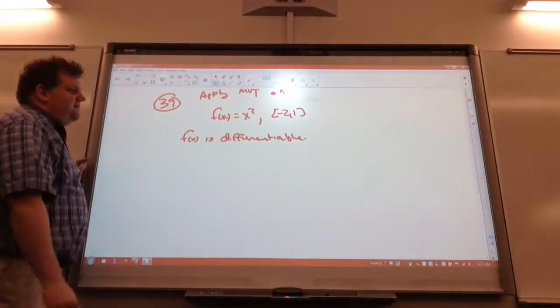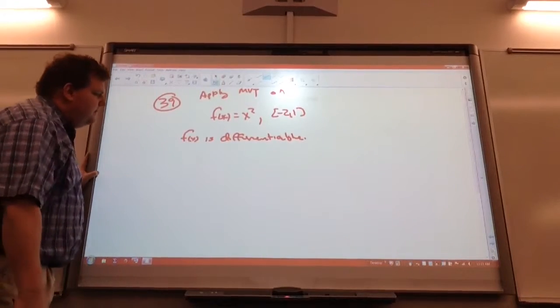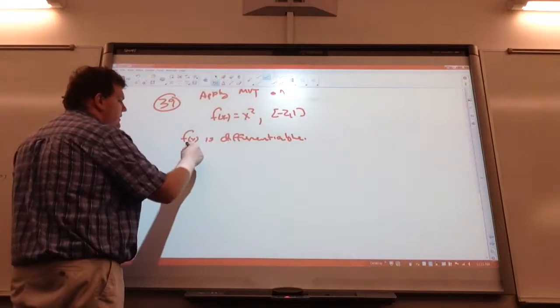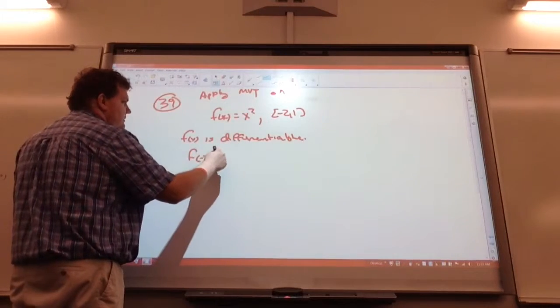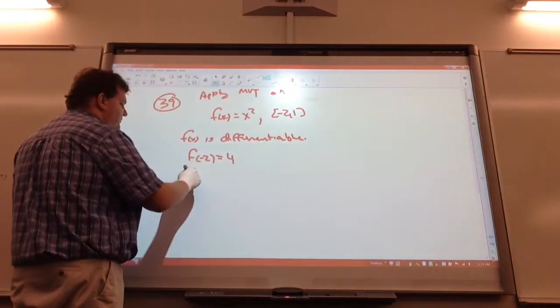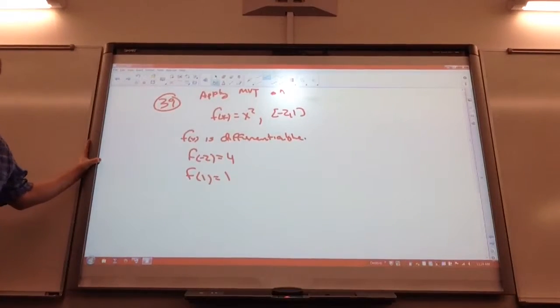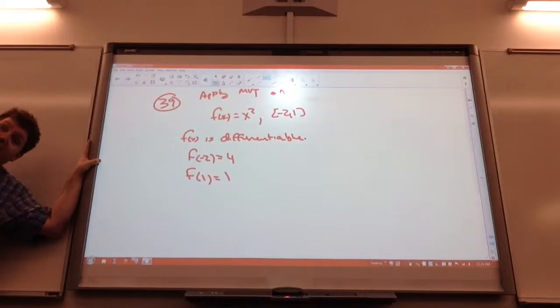So f of x is differentiable, that's what we needed to test. Now we need to see, is f of -2 not equal to f of 1? What's f of -2 going to be? 4. What's f of 1 going to be? 1. They're not equal to each other, right? True. So that means I can use the mean value theorem.